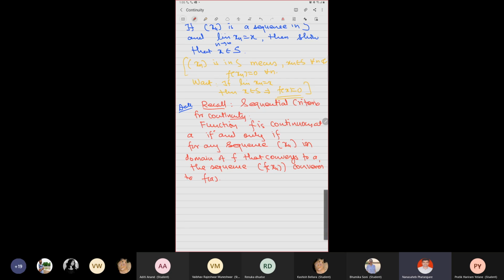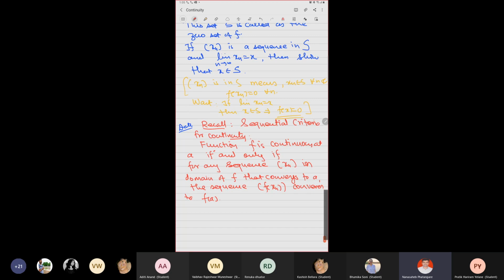So if xn is a sequence in the domain and it converges to a, f of xn converges to f of a. This is the equivalent condition for the sequential criteria.